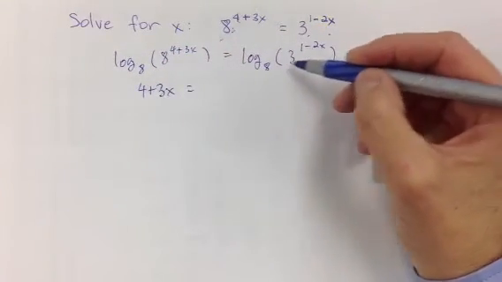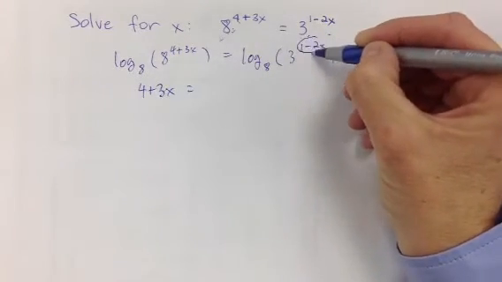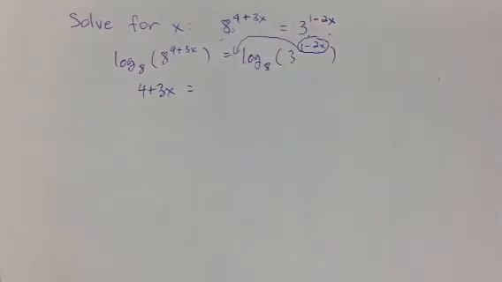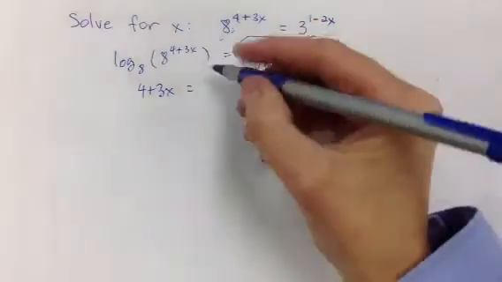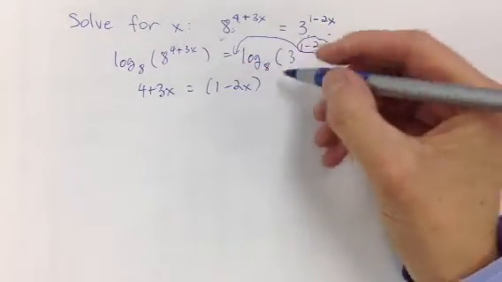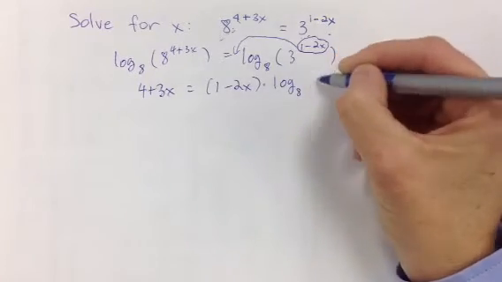Here, I can't simplify this one quite as easily, but I can take this exponent and put it out front. So that gives me a 1 minus 2x times log base 8 of 3.